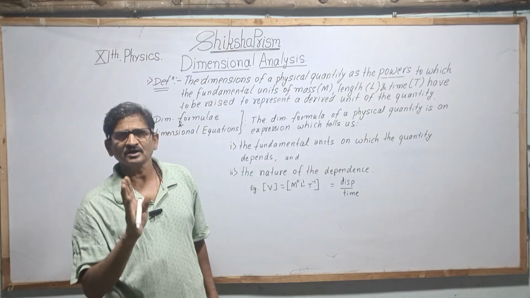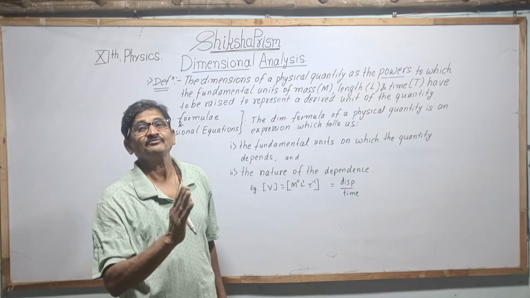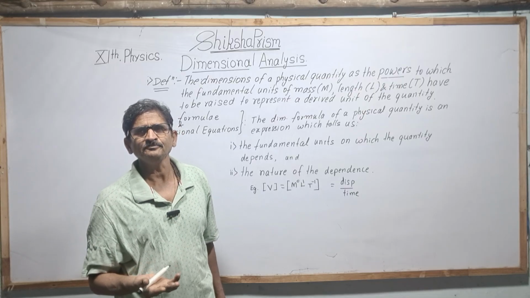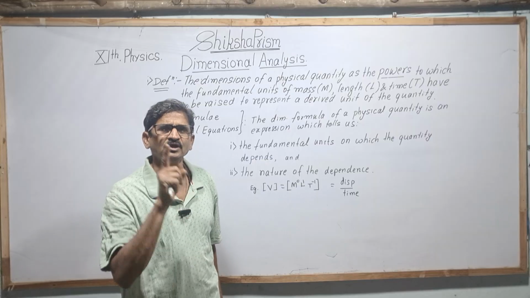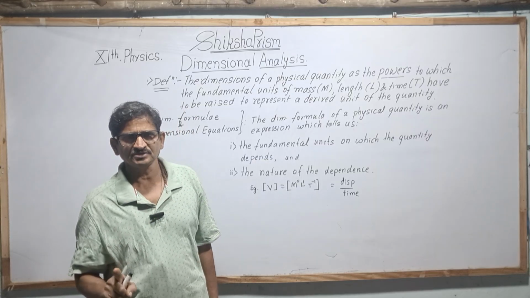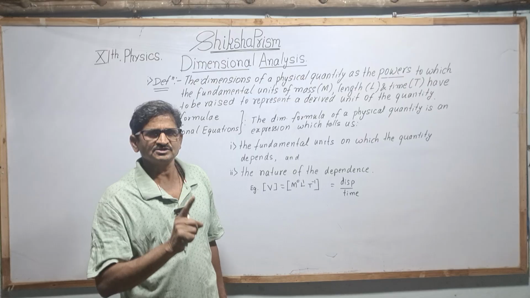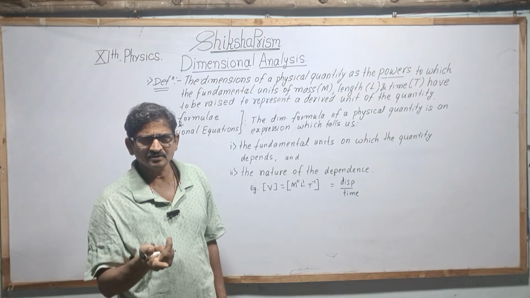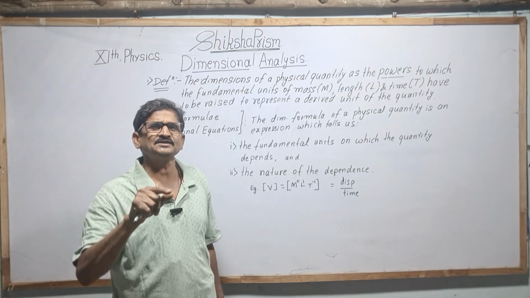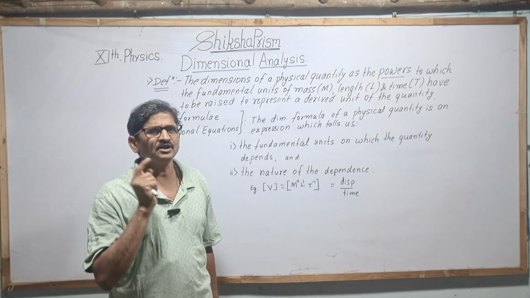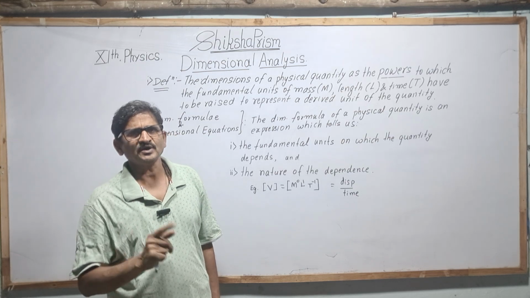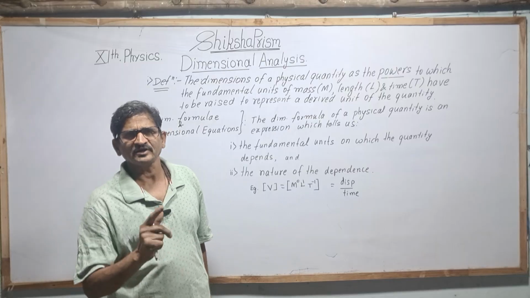In that we can convert from one form to another, because whenever we are solving numericals, all data should be in the same system of units. If the data are in different systems of units and you take them as they are in the solution, you will get a wrong answer. That's why this concept is very important.